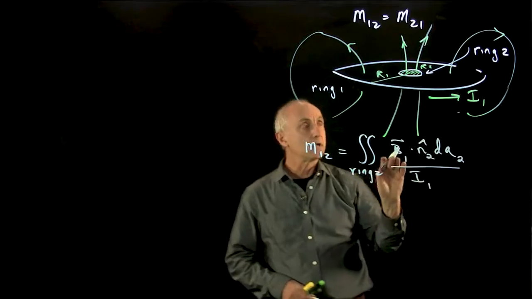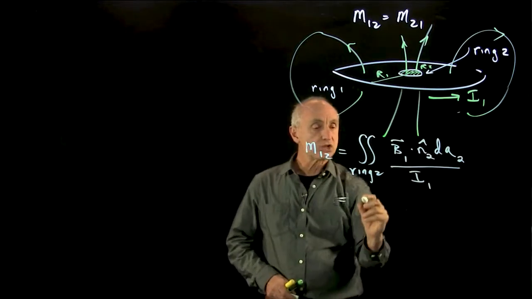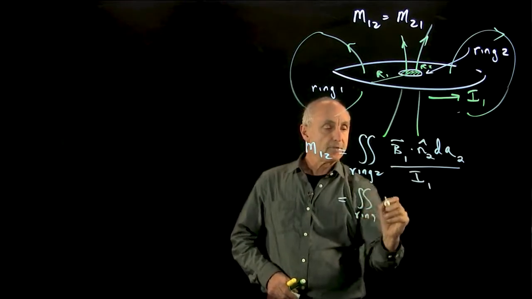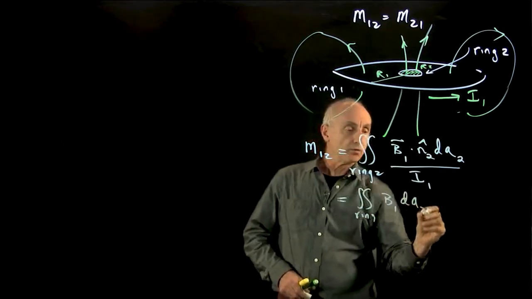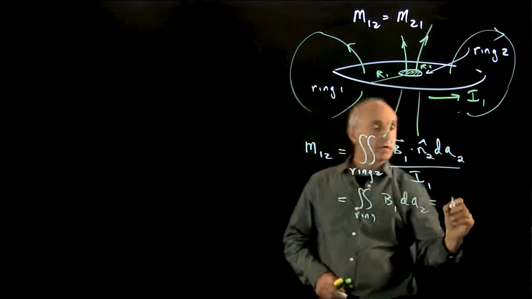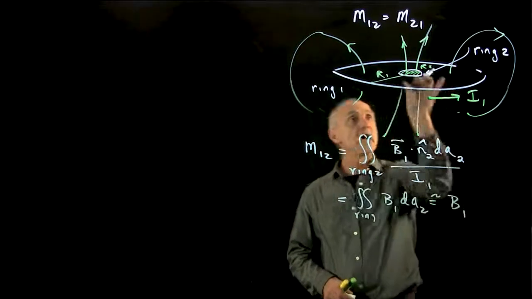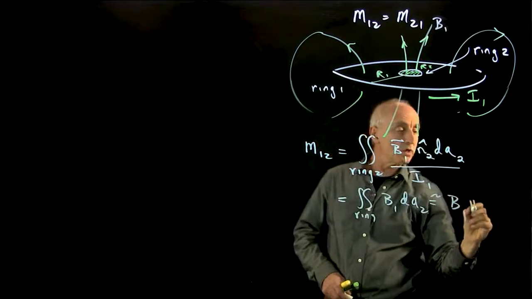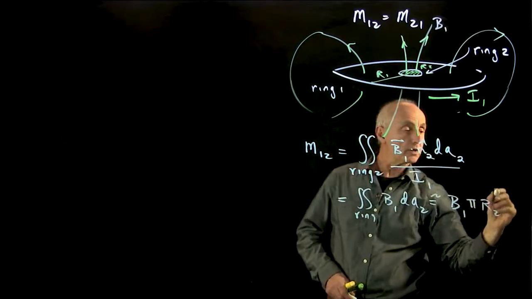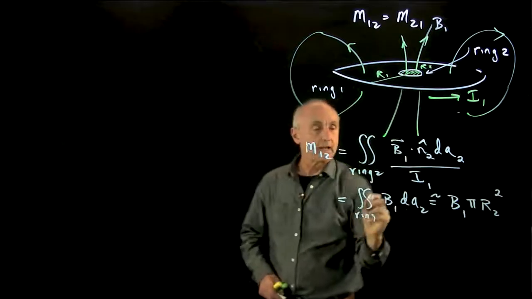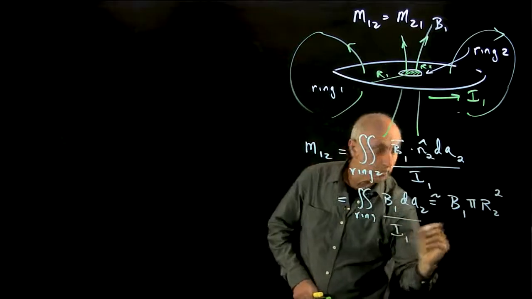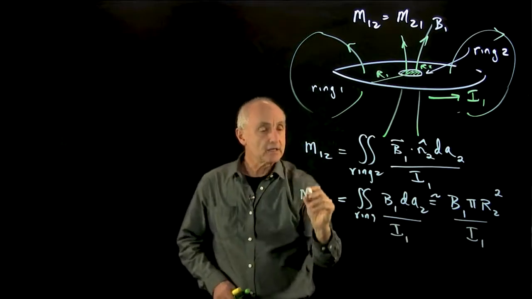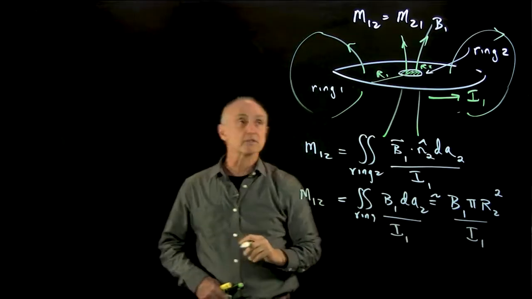And now this integral is just the integral over the ring of B1 dA2, treating this as nearly uniform. This is just B1 times pi R2 squared. And I have to divide the whole thing by I1. And that is the coefficient of mutual inductance.